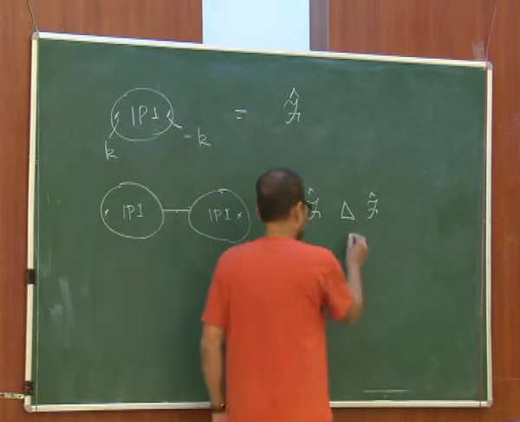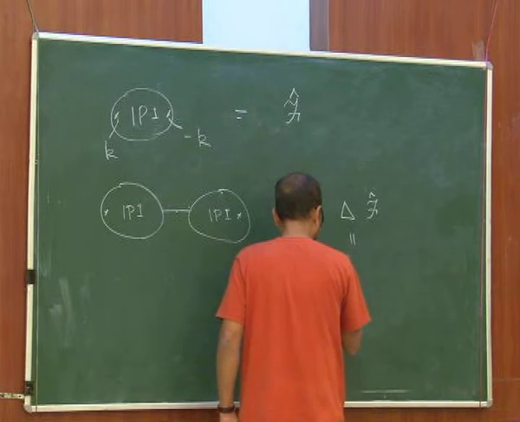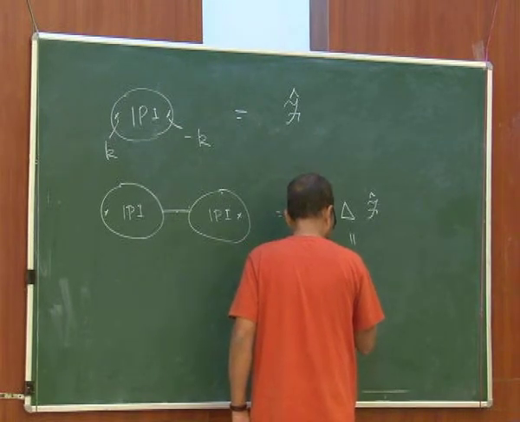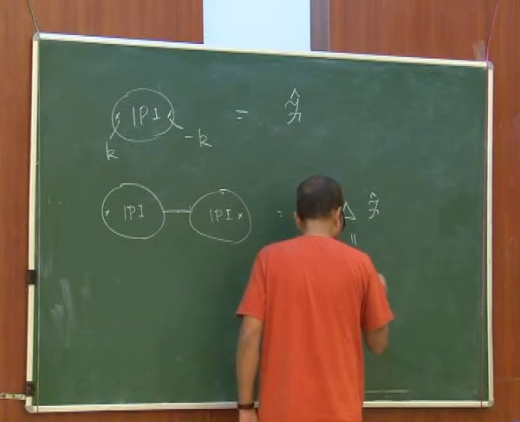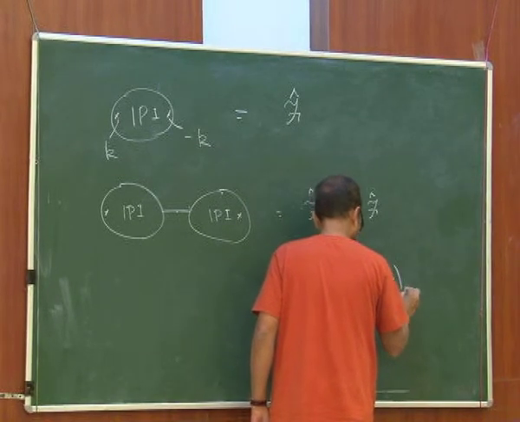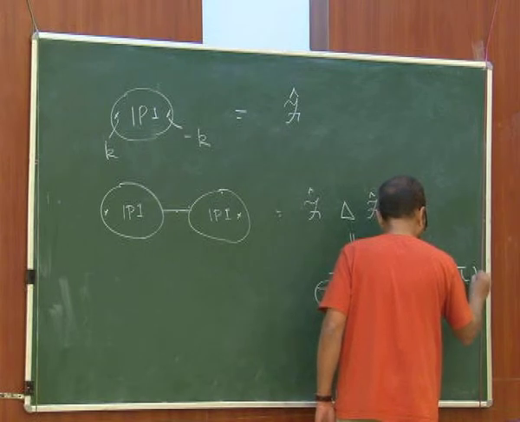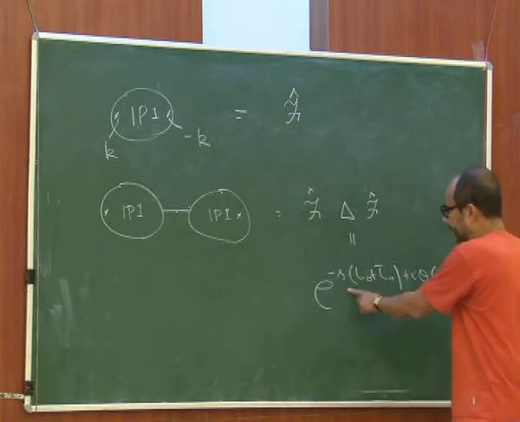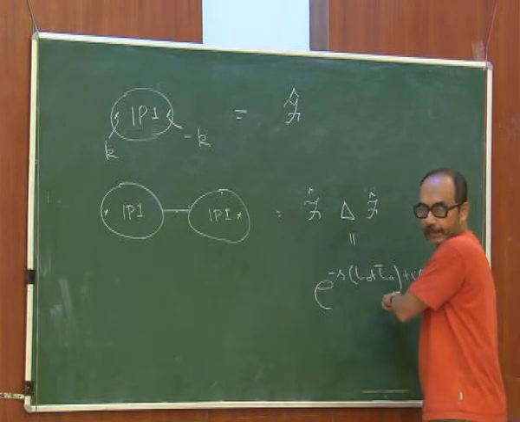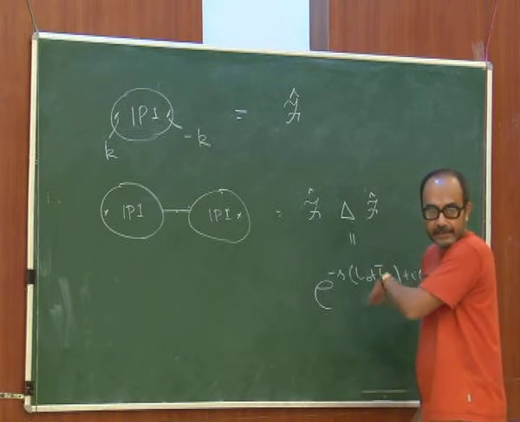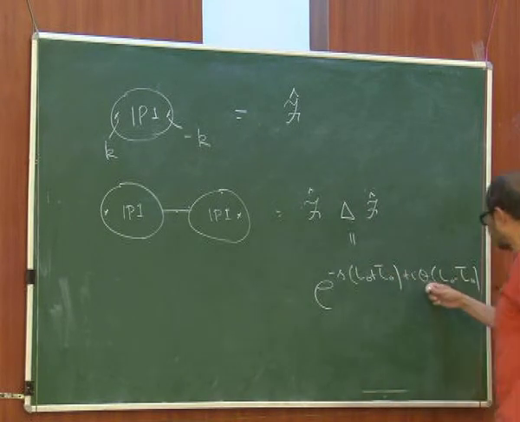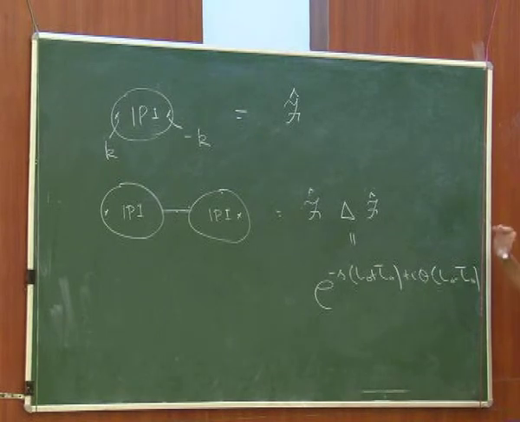Okay. So delta is given by e to the power minus s times L0 plus L0 bar plus i theta times L0 minus L0 bar. Okay. So what does this do? This scales. L0 plus L0 bar is a scaling operator, right? It scales the coordinates, and this theta L0 minus L0 bar rotates the coordinate. Okay, so you glue W1 and W2, but after you scale by e to the minus s and then rotate.